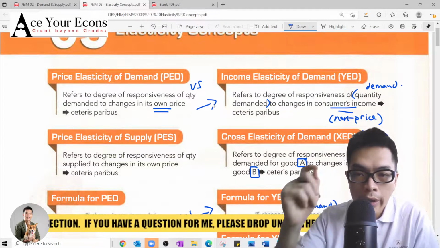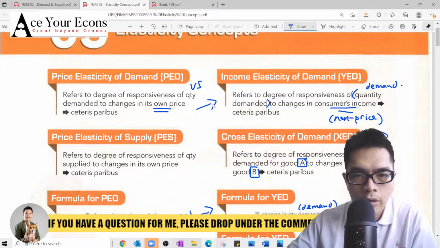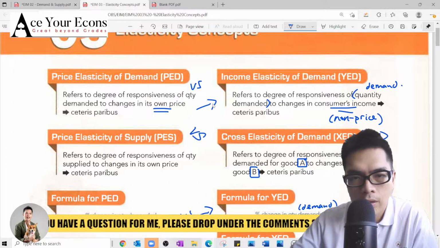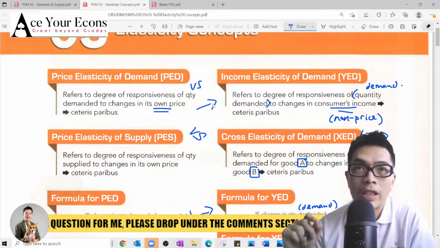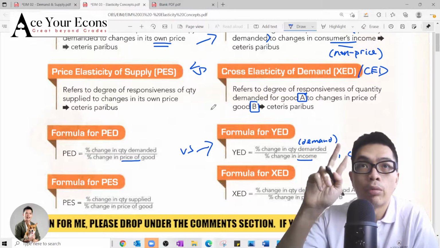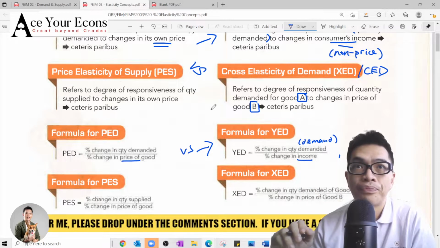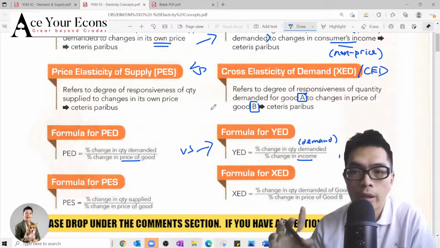So don't get confused with PED. For PED, we are looking at changes in price of its own, whereas for XED, we are looking at the relationship of two goods, not changes in price of its own. Okay?